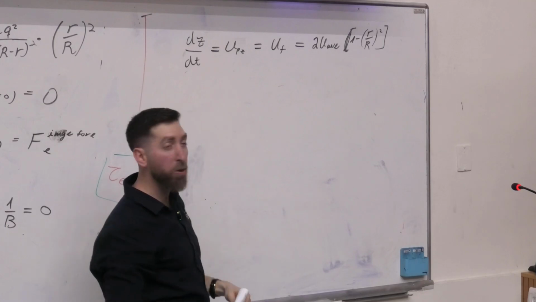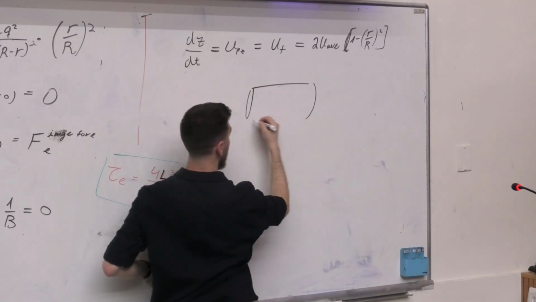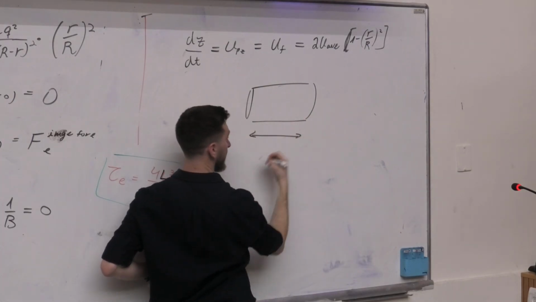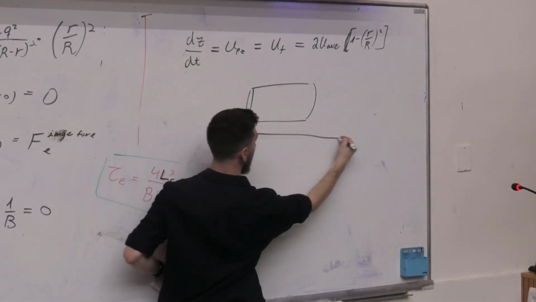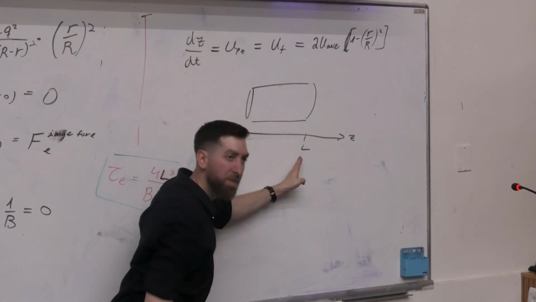Let's write it in a non-dimensional way. How are we going to do it? If this is a cylinder of length L, this is z, this is L, this is 0. This is a very specific case.